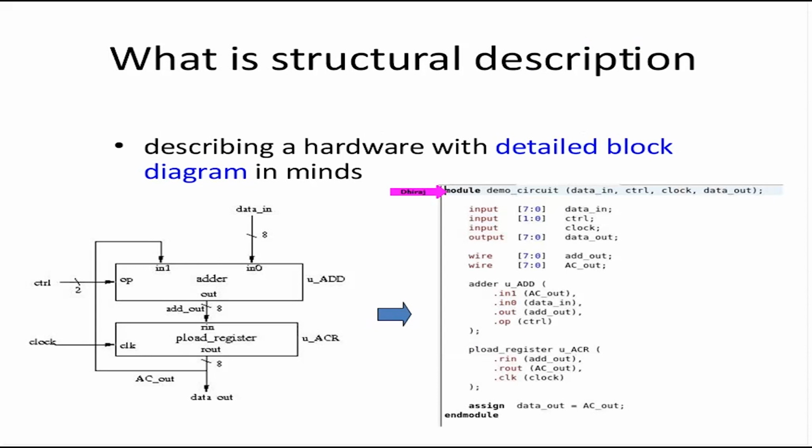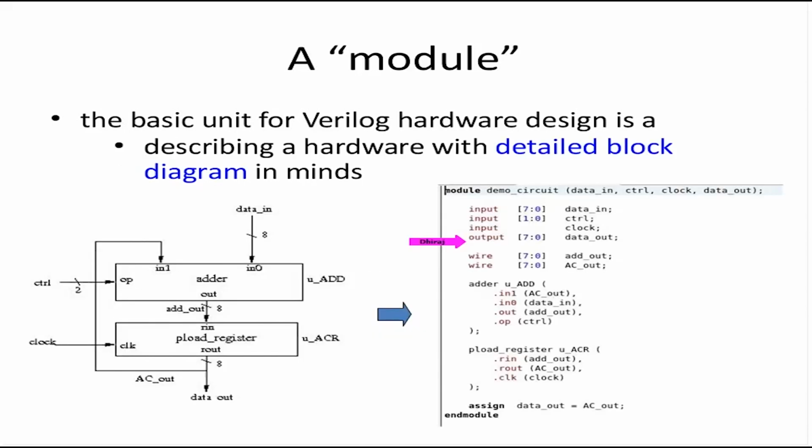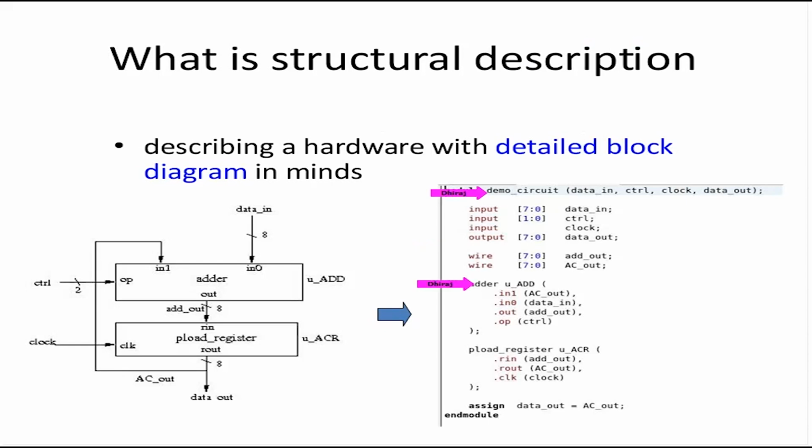The module will have some inputs and some outputs. A module can contain other modules, like module demo circuit contains adder and register. The adder in itself will be a module, and UAdd is nothing but an instantiation of the module adder. Similarly, UACR is an instantiation of the register module.